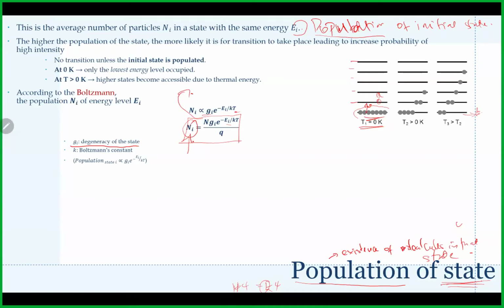So degeneracy comes into play when you think about the fact that in a floor, you have different rooms. All the rooms are on the same level. So you say that there are different states with the same energy. Different states corresponding to rooms, room 1, room 2, room 3, room 4. So those are different states, but they have the same energy.